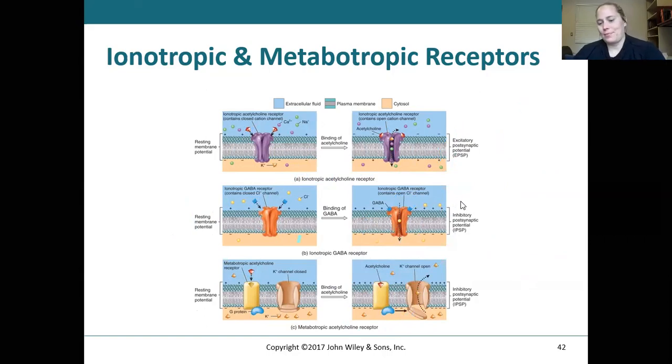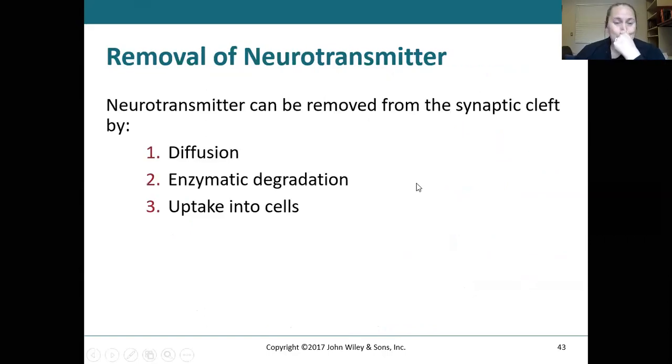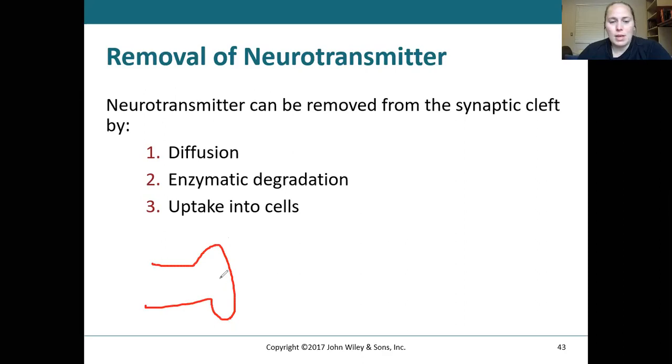Super fun time. Okay, so removal of a neurotransmitter. You send this neurotransmitter out into the synapse. How do you stop it from signaling? There are a few different ways you can do that. The first way is through diffusion. We've got our presynaptic cell and our postsynaptic cell. Our presynaptic cell releases neurotransmitter out into the synapse.